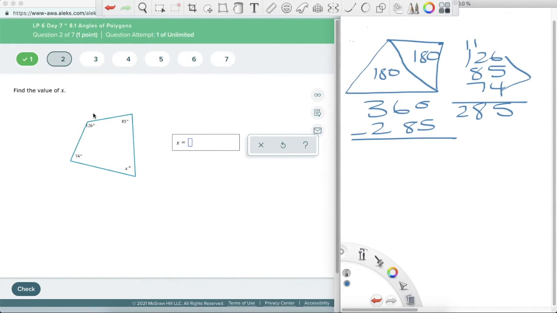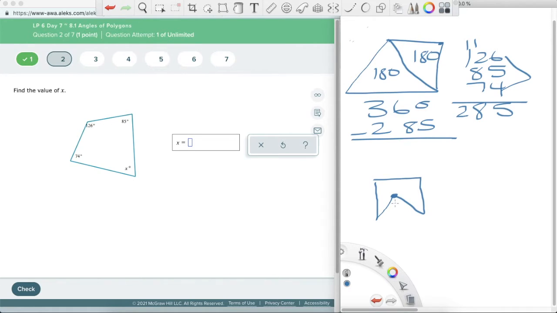It doesn't matter what shape it is, as long as it's a convex quadrilateral. What convex means is I don't have something like this, which would be a pentagon because I have a fifth point here, with something caving in. That's called concave.